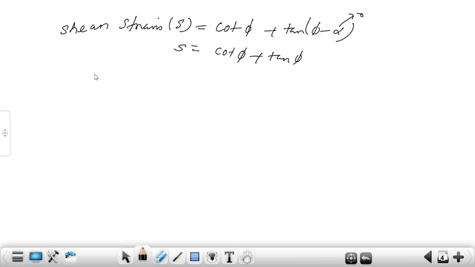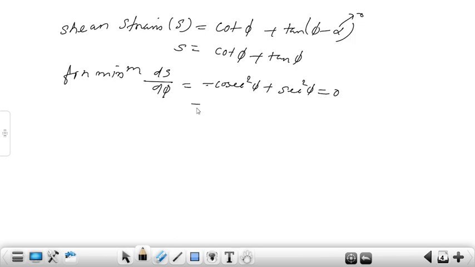So differentiating with respect to phi for minimum, ds by d phi is equal to the derivative of cot phi, which is minus cosec square phi, plus the derivative of tan phi, which is sec square phi, is equal to 0. So cosec square phi is equal to 1 by sin square phi and sec square phi is equal to 1 by cos square phi.